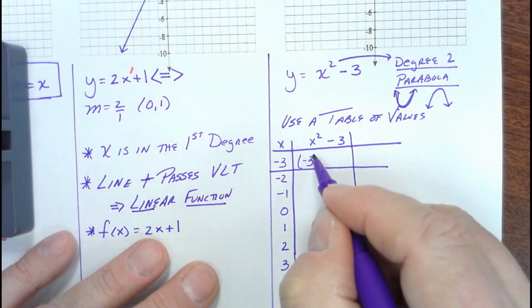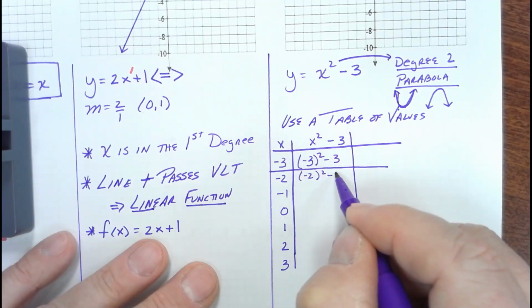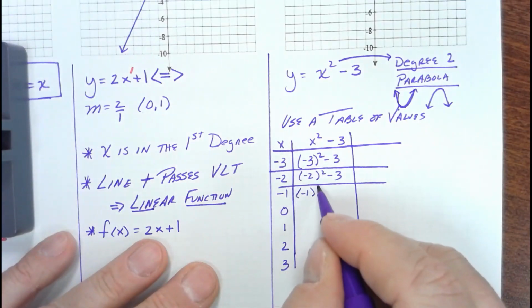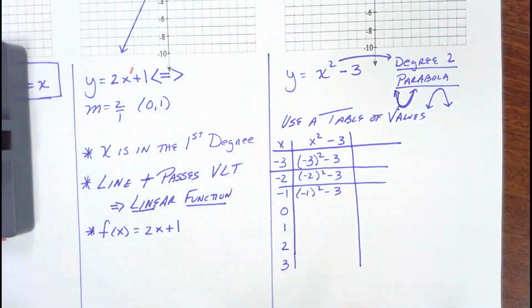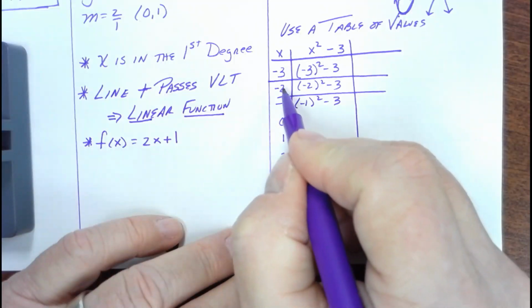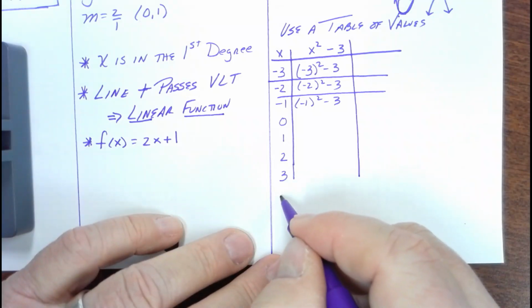So we have -3 squared, -2 squared, -1 squared. I am taking the 1 and the -2, -1, -2, -3 and substituting them in for x.